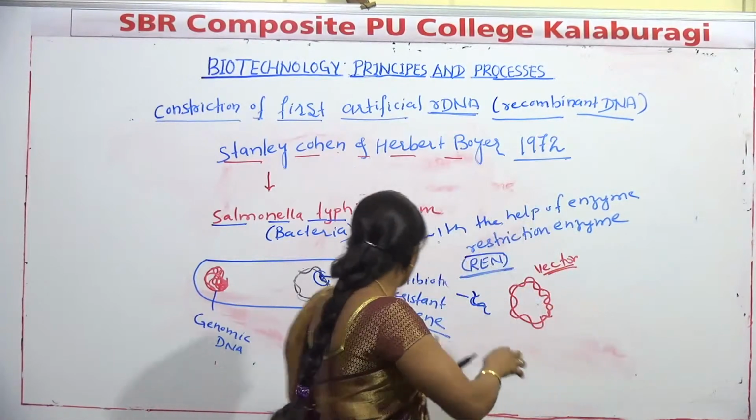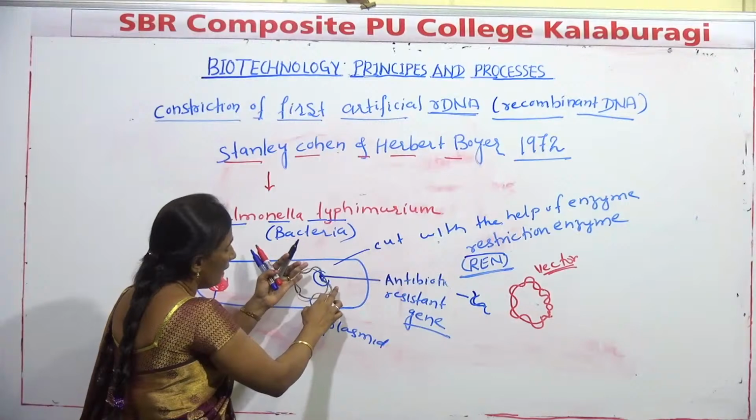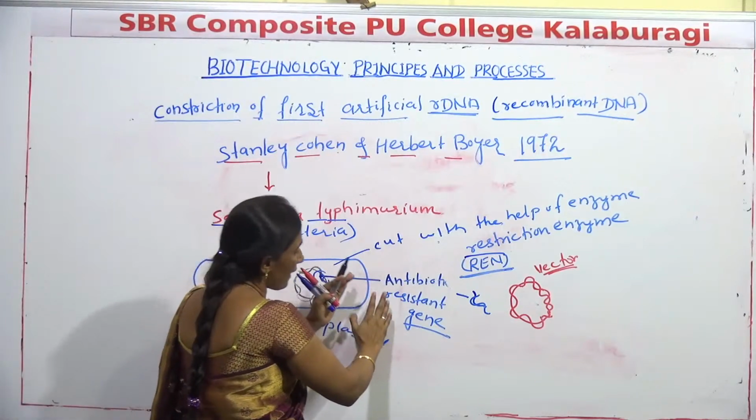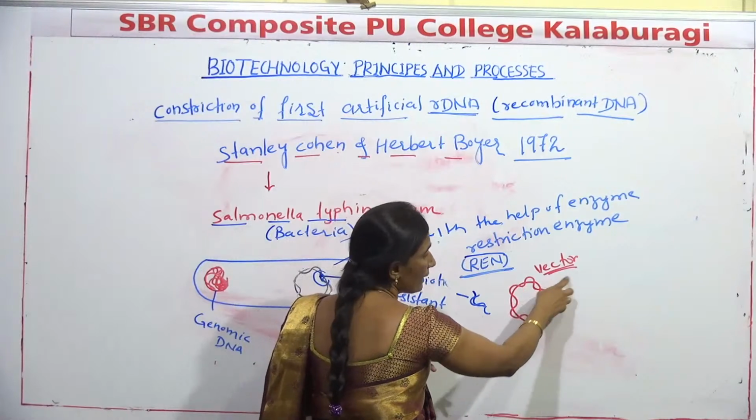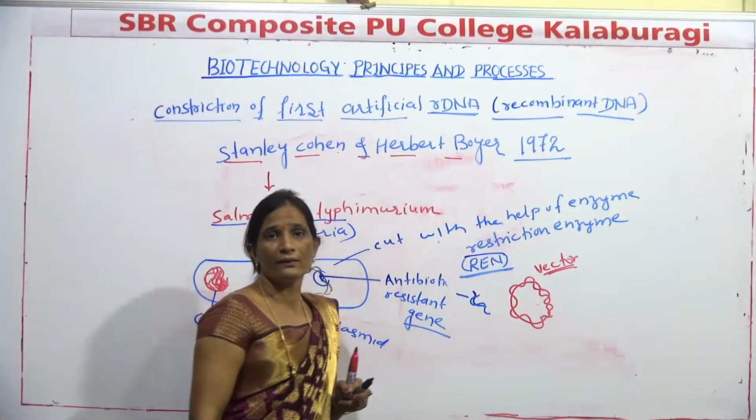In the same way, when the foreign DNA, this antibiotic resistant gene, is transferred from this bacterium to another, what do we require? A vector is required.